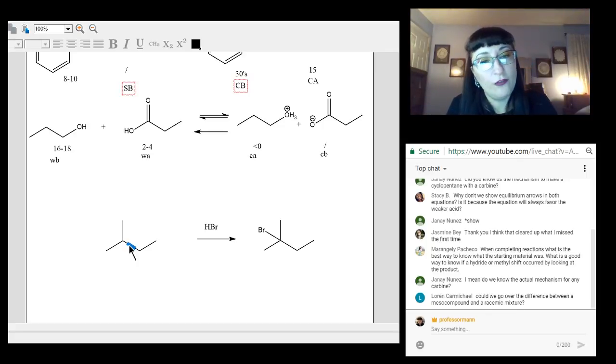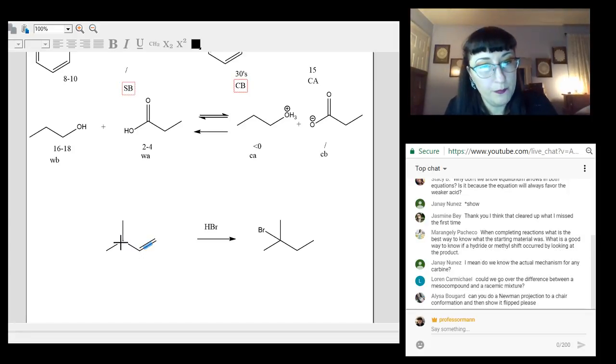Now, what if I had that molecule? If I added in HBr, I would still expect that molecule to be the product, okay, basically following Markovnikov's rule. And then lastly, if I followed this one, and I'm going to show the hydrogen here, you would expect that to undergo a 1,2 hydride shift and give you the following product.